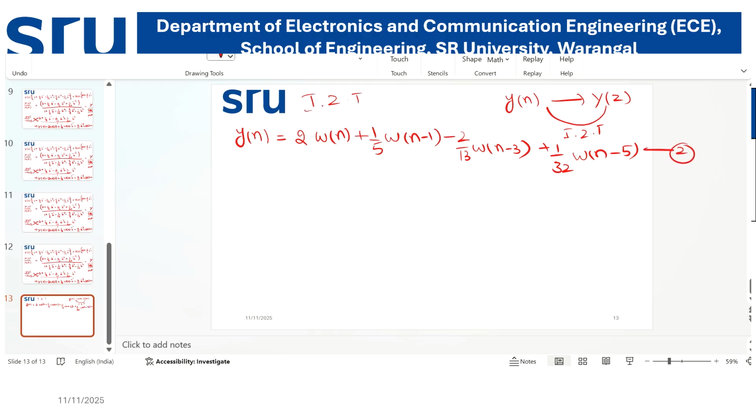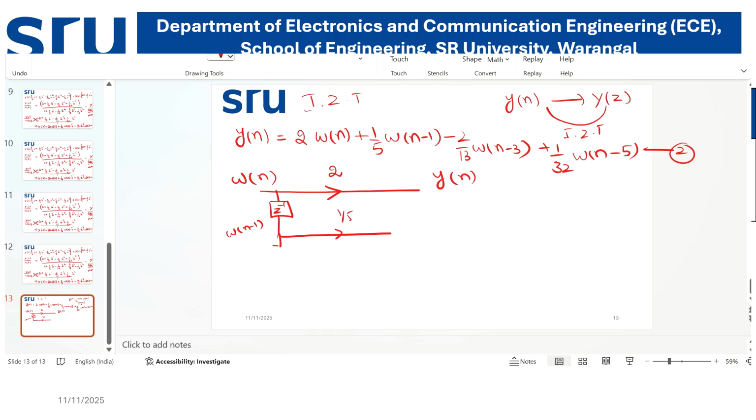Now for this expression, we are designing the circuit structure, drawing it using the direct form 2. Now what is the input here? The input is w(n) and the output is y(n). If you are identifying whether the input is delayed or the output is delayed, the input is delayed: w(n-1), w(n-3), w(n-5). Now the coefficient for w(n) is 2. Then first it is delayed by one sample to get w(n-1), and the coefficient is 1/5.